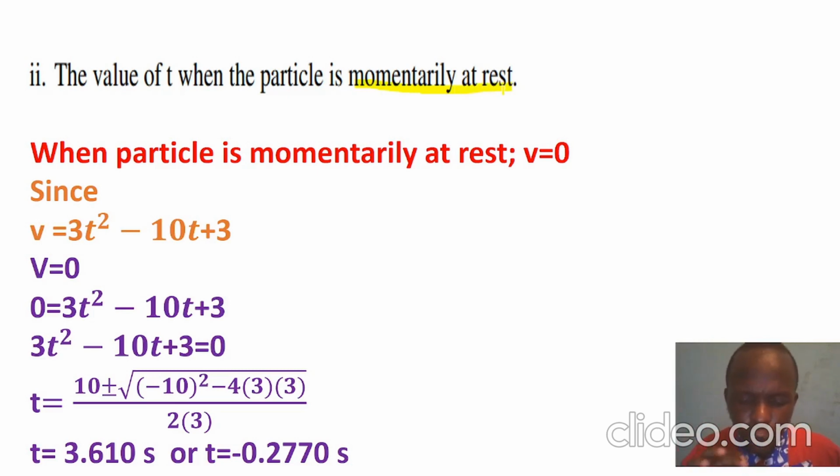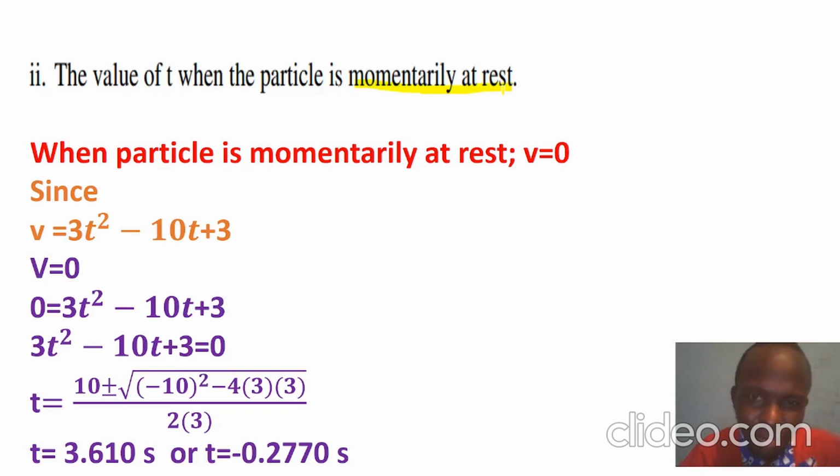Assuming that you are holding a stone in your hand, and then you throw it upwards. That stone, before it falls back downwards, is going to rest a little bit upwards. And that instantaneous resting is what we call momentarily at rest.